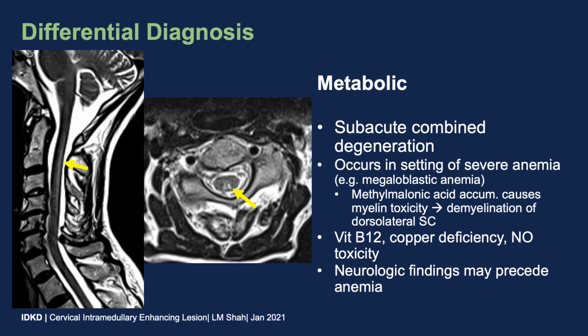Anything along that pathway that allows methylmalonic acid accumulation causing myelin toxicity results in demyelination of the dorsolateral spinal cord. So vitamin deficiencies of B12 or copper or nitrous oxide toxicity affects this pathway and can result in demyelination of the dorsolateral spinal cord. Interestingly, the neurologic findings may precede the anemia.